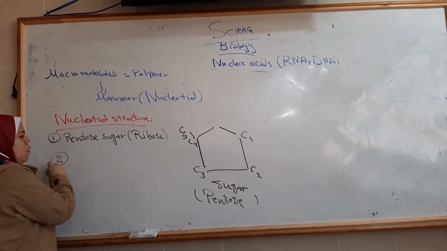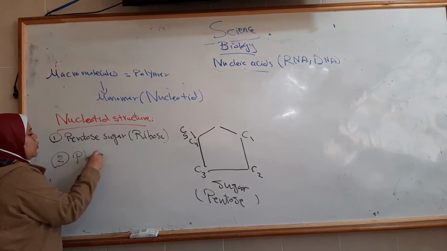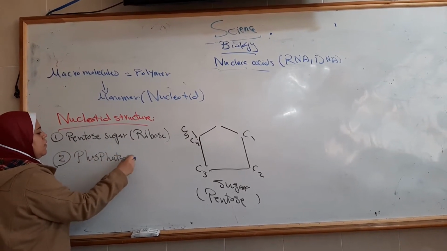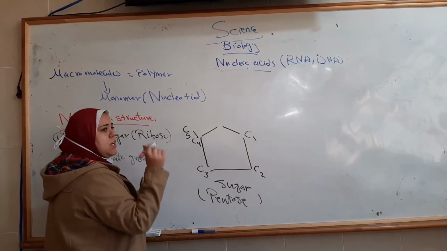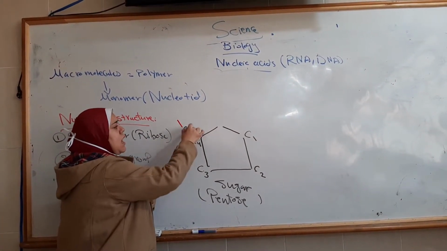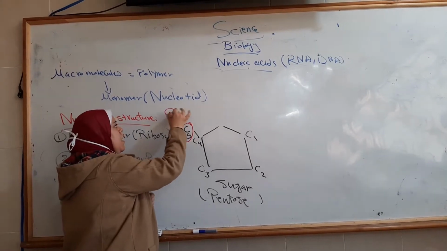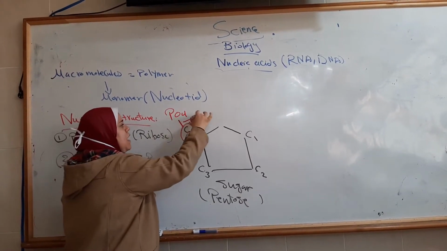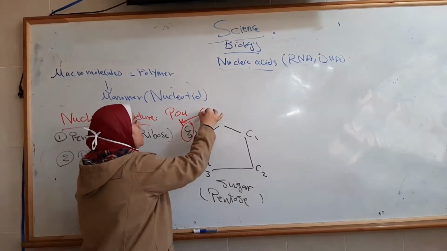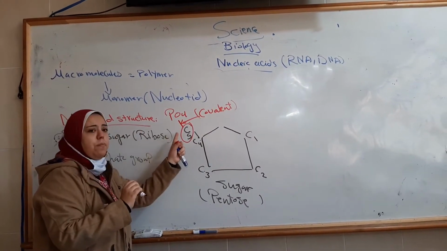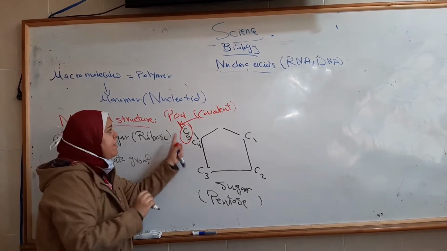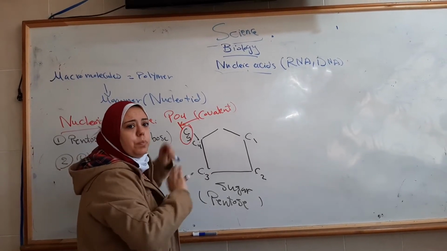Number 2, the phosphate group. Its location is conjugated with carbon number 5, PO4. The type of bond here is a covalent bond, so the covalent bond binds between carbon number 5 and the phosphate group.